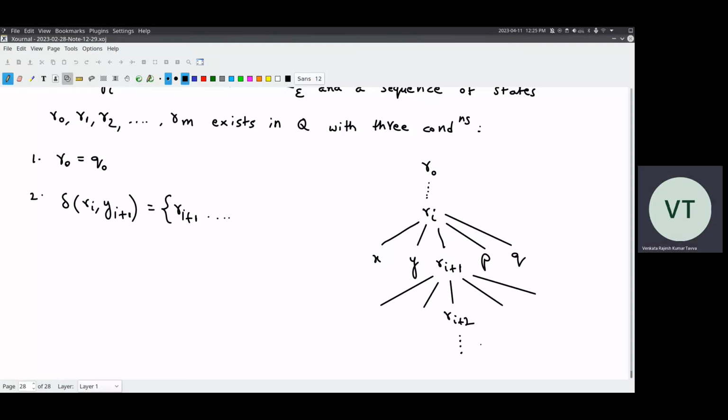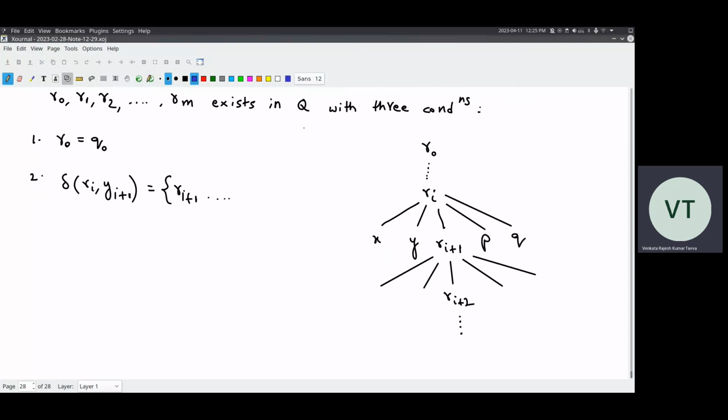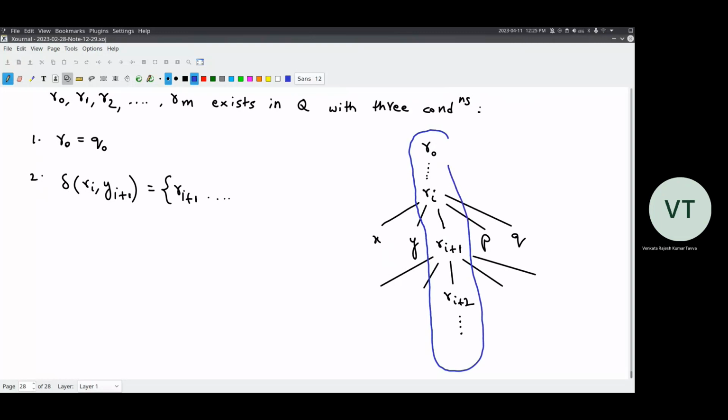Now, there may be many paths, but I am focused on one particular path which will finally lead me to some particular state Rm, which belongs to the set of final states. Some other branch may also end up in an accept state, but I am focused on one particular branch where I am going step by step.